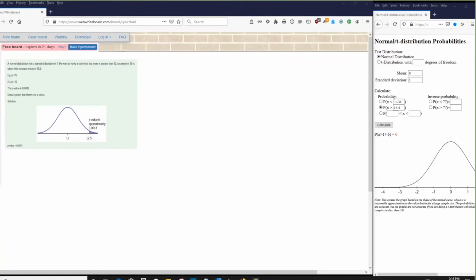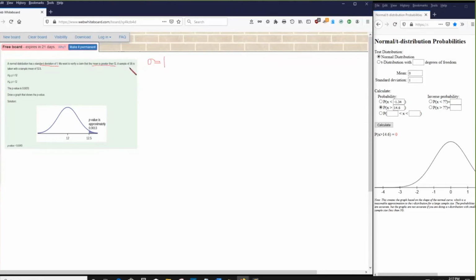A sample of 36 is taken with a sample mean of 12.5. So let's look at what that gives us. We know it's a normal distribution. It's going to have a standard deviation of 1. We want to verify the claim that the mean is greater than 12.